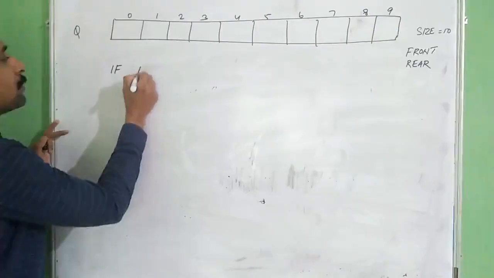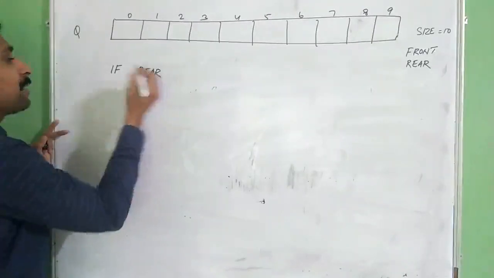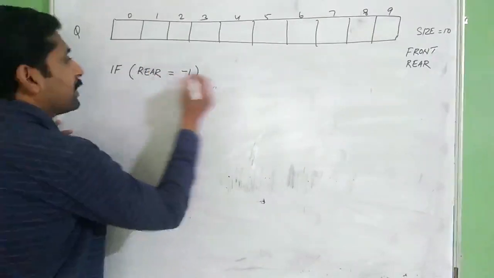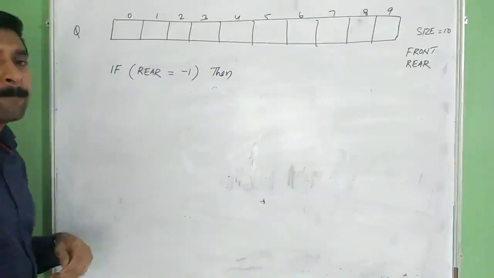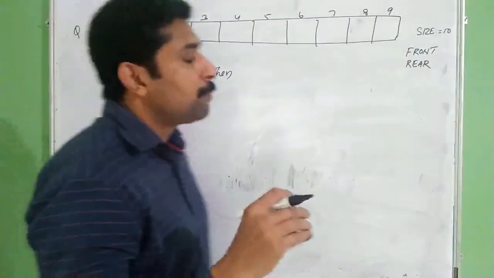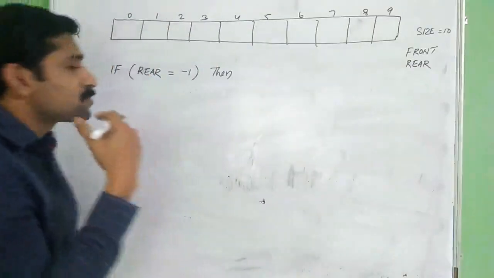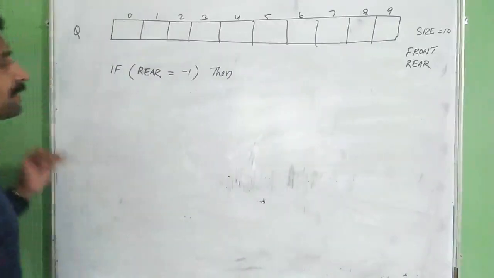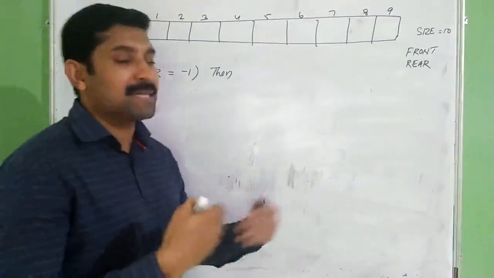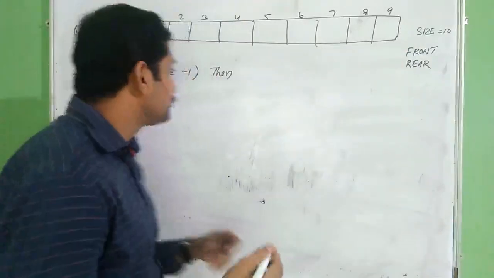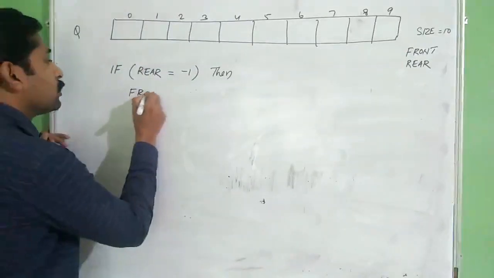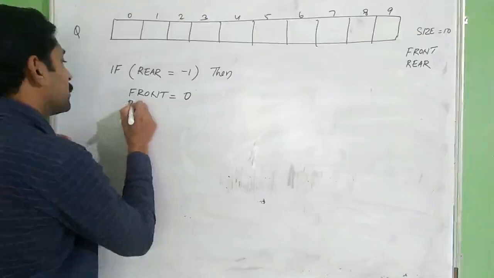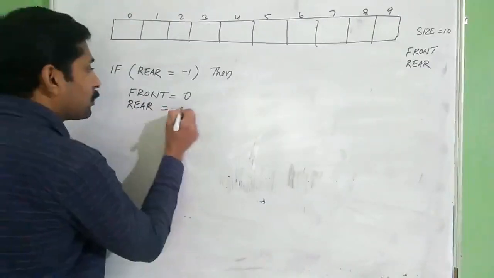If rear equal to -1, this is one condition, then rear equal to -1 means there is no item in the queue, the queue is empty. Then we have to set the front and the rear, that is front equal to 0, rear equal to 0.